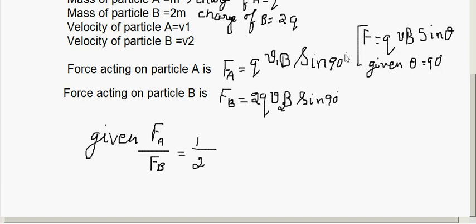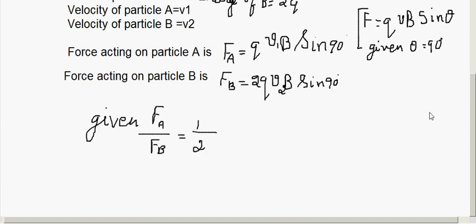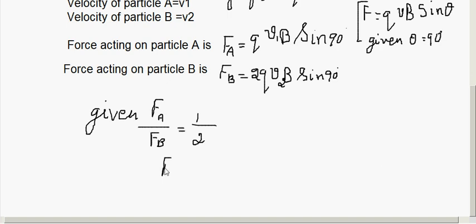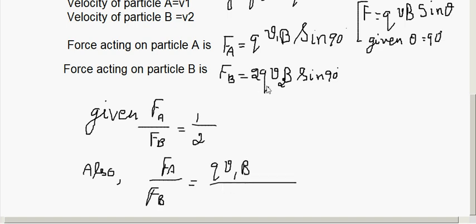Therefore, from these two equations, Fa by Fb can be written also as Fa divided by Fb is equal to, sin 90 is 1, so it is q into v1 into B divided by 2q into v2 into B. Now q will cancel, B also will cancel.